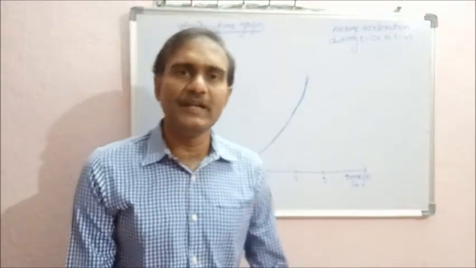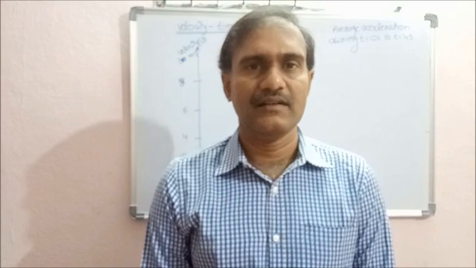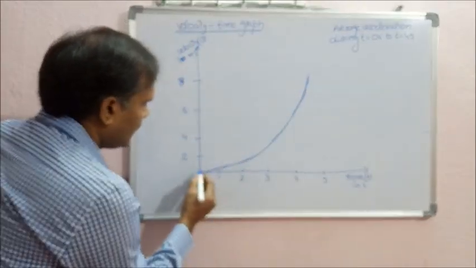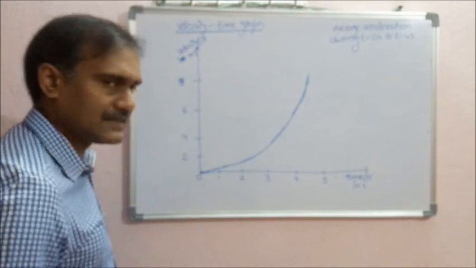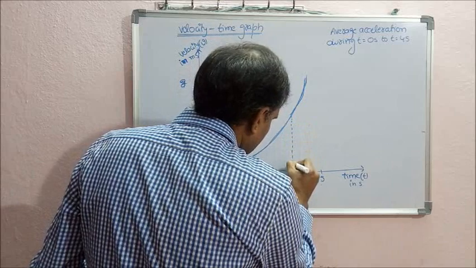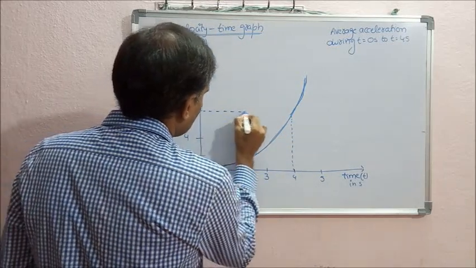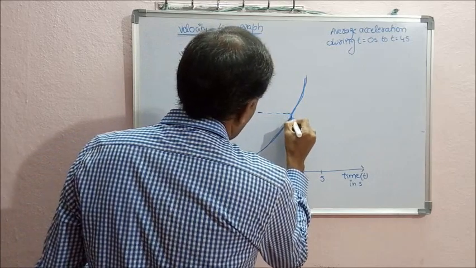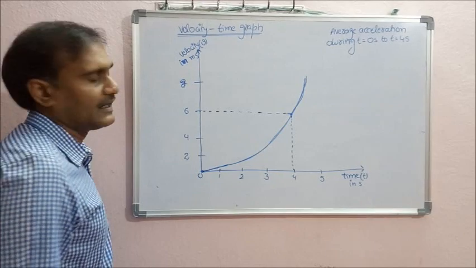Now, what is meant by the average acceleration? Yes, it is change in velocity divided by time interval. Now, corresponding to 0 seconds, what is the velocity? 0. Corresponding to 4 seconds, what is the velocity? 6 meters per second.